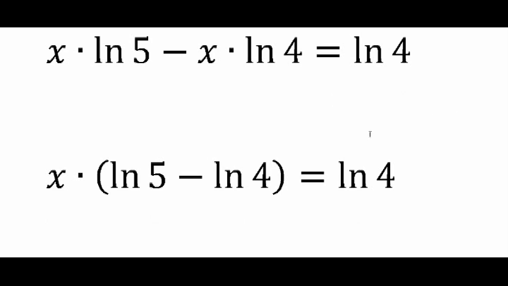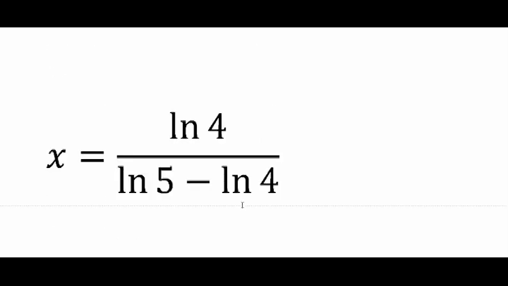Then we again use the distributive property to pull out the x, and that becomes x times the quantity log 5 minus log 4 equals the log of 4. I think you can guess the next step, and that is to divide both sides by this quantity, log 5 minus log 4. And that's what I've done right here.